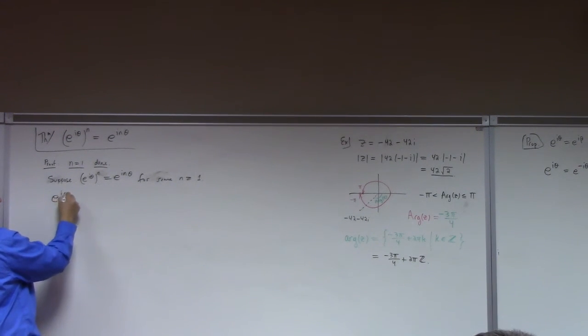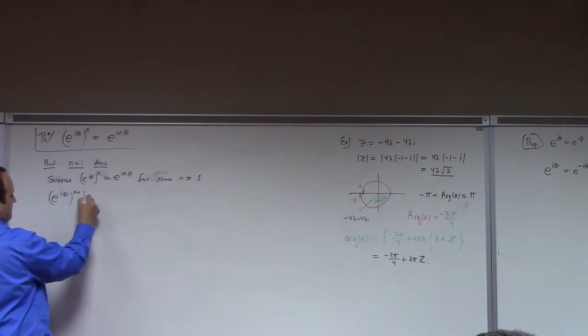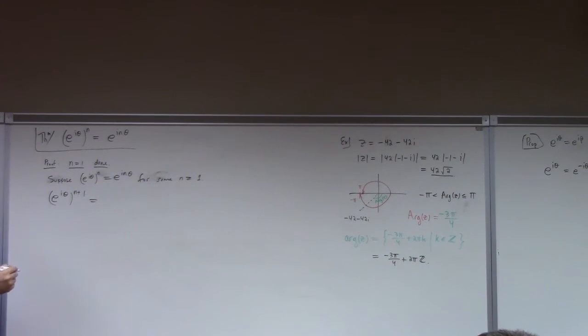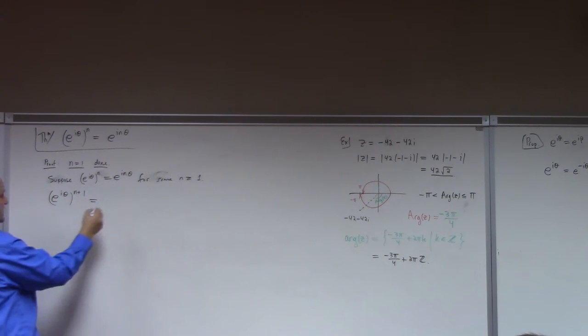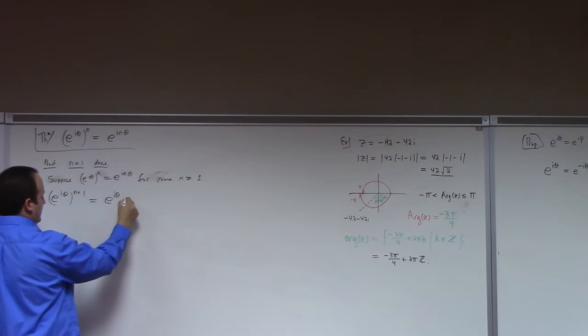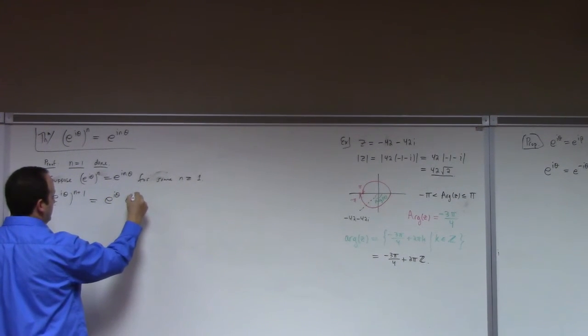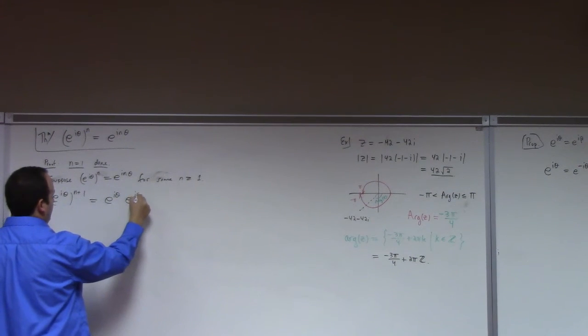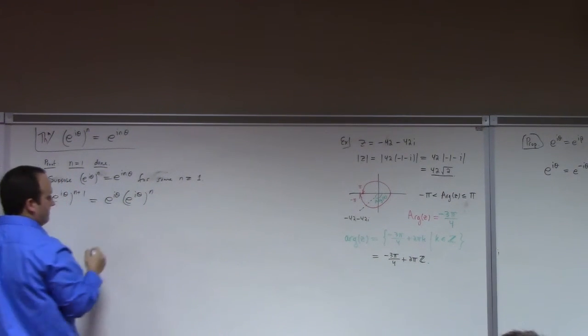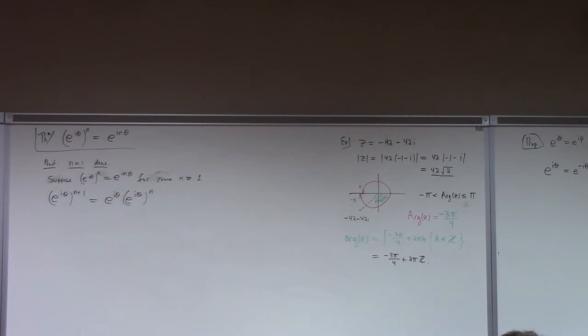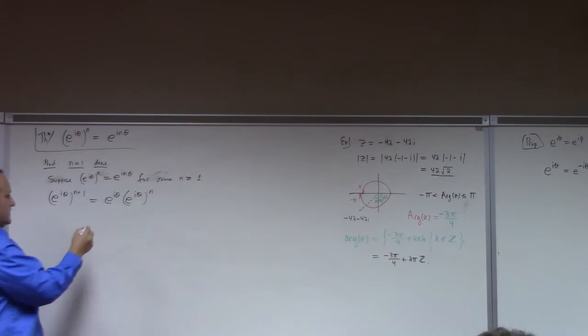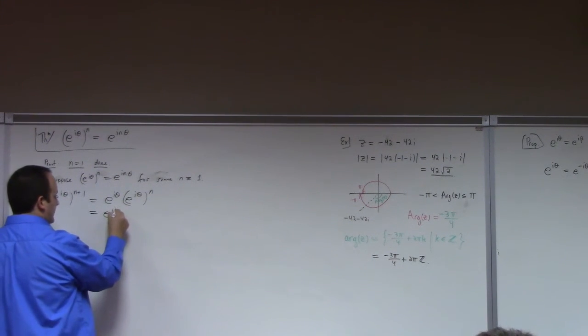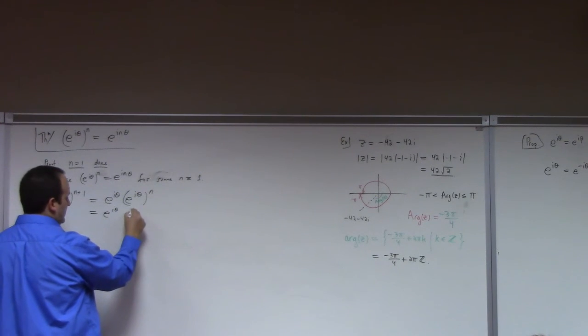If I look at e to the i theta to the n plus 1, how do we define that? Recursively, right? This is by definition e to the i theta times e to the i theta to the n. But by our induction hypothesis, this is e to the i theta times e to the i n theta.